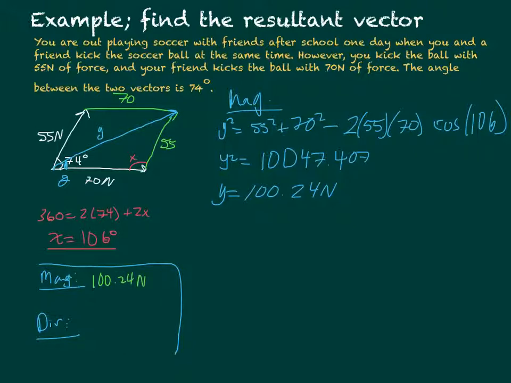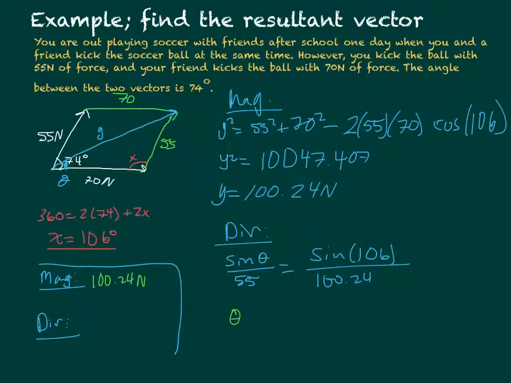Now I just need to find the direction. So the direction is going to be my angle, and for that one I'm going to use my law of sines. The law of sines tells me the sine of theta over 55, because that's my opposite, is equal to the sine of my angle, which is 106, angle x, over its opposite side, which is y, which is 100.24, and then I solve for theta.